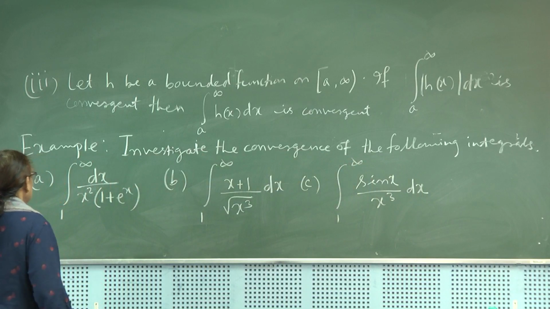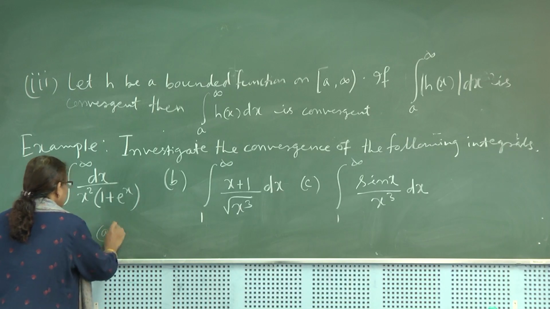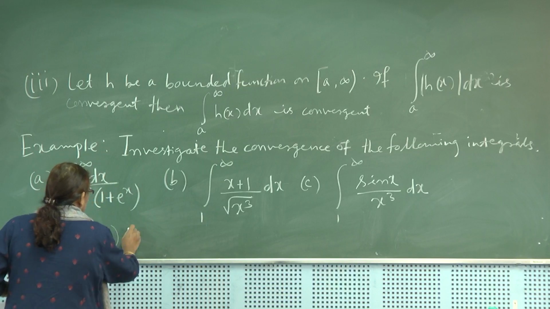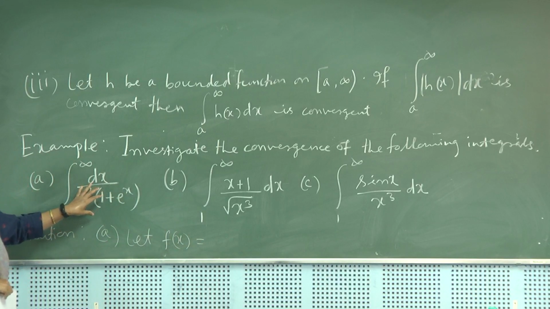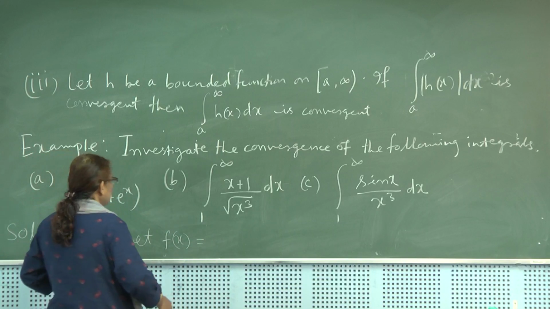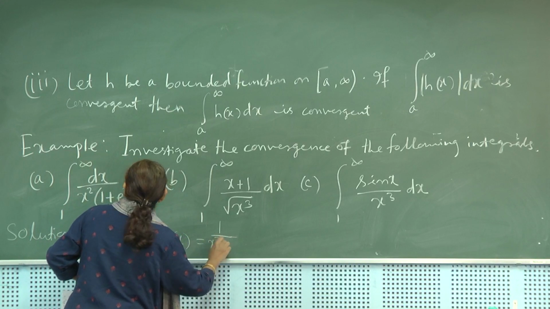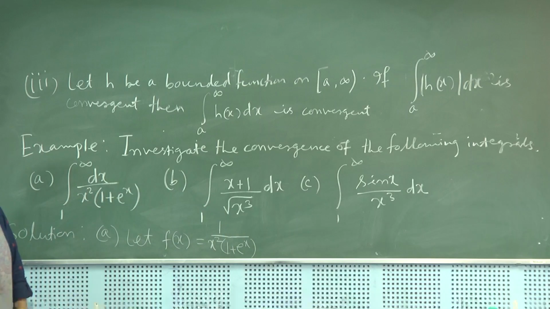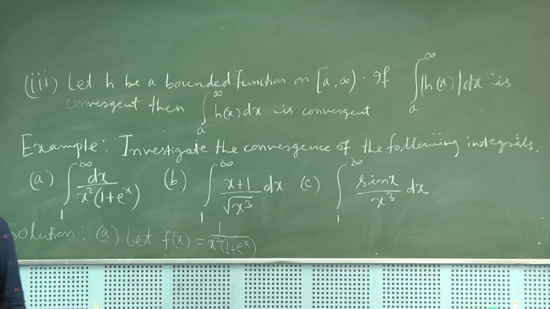Well, let us consider this part A. So, in this case, suppose we take the given integrand as f(x), that is 1 upon x square times (1 plus e to the power x), and here actually we shall apply that comparison test.